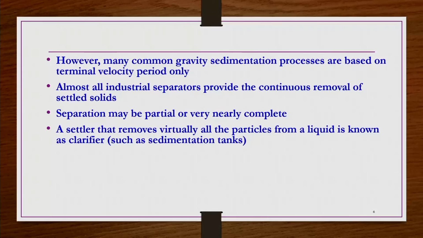However, we can achieve a stage where almost all particles are separated. So, based on the principles of settling by gravity, we can design two kinds of equipment in which separation of particles takes place. One type is a settler tank that removes virtually all the particles from a liquid, known as the clarifier, such as the sedimentation tanks.